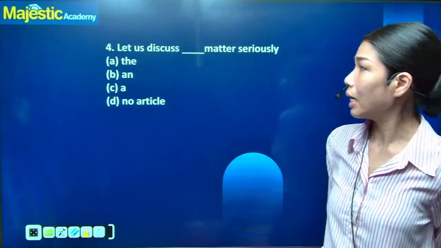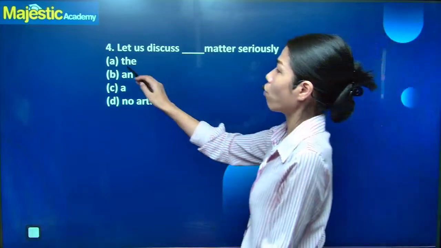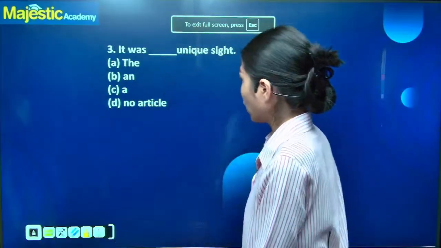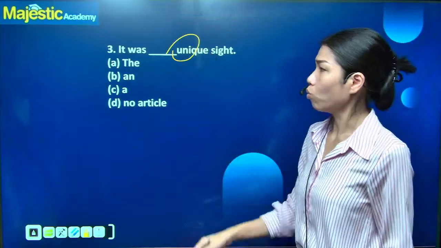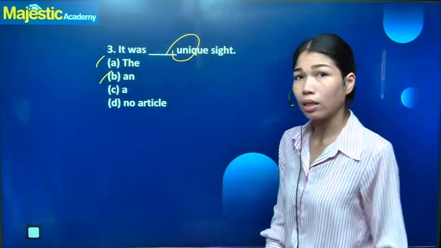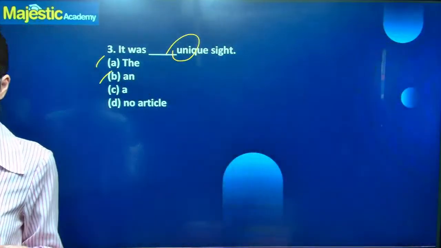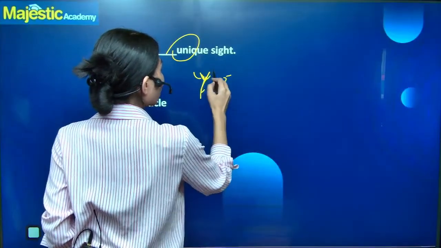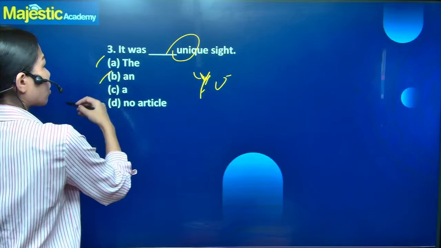Question number 4 says, let us discuss dash matter seriously. Again, we have options based on articles.